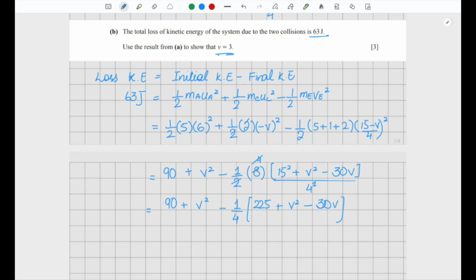So we will be having it as 63 times 4 would be, multiplying by, so it will become 252 equals 90 times 4 would be 360 plus v square minus 225 minus v square plus 30v.